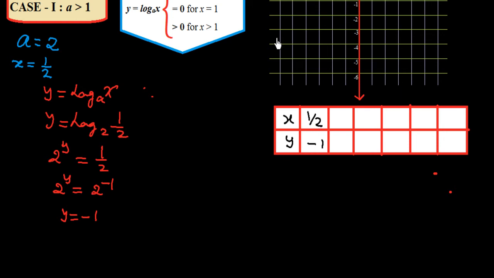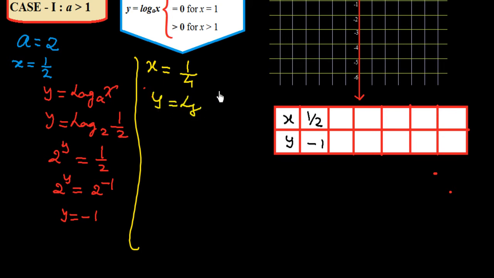Now if we put x is equal to 1 by 4, we see what happens now. So y is equal to log 1 by 4 base 2. So 2 power y is equal to 1 by 4. So 2 power y is equal to 2 power minus 2, which is 1 by 4. So y is equal to minus 2 here.